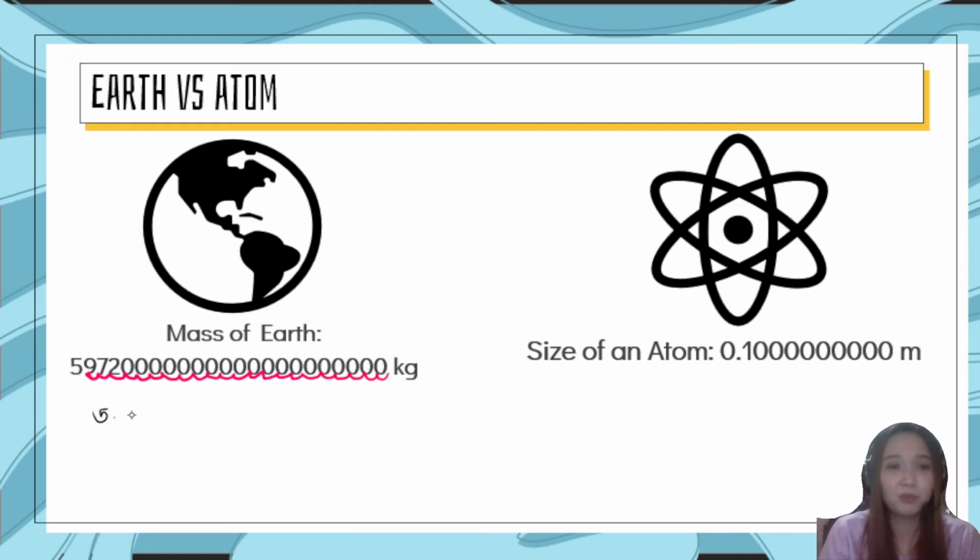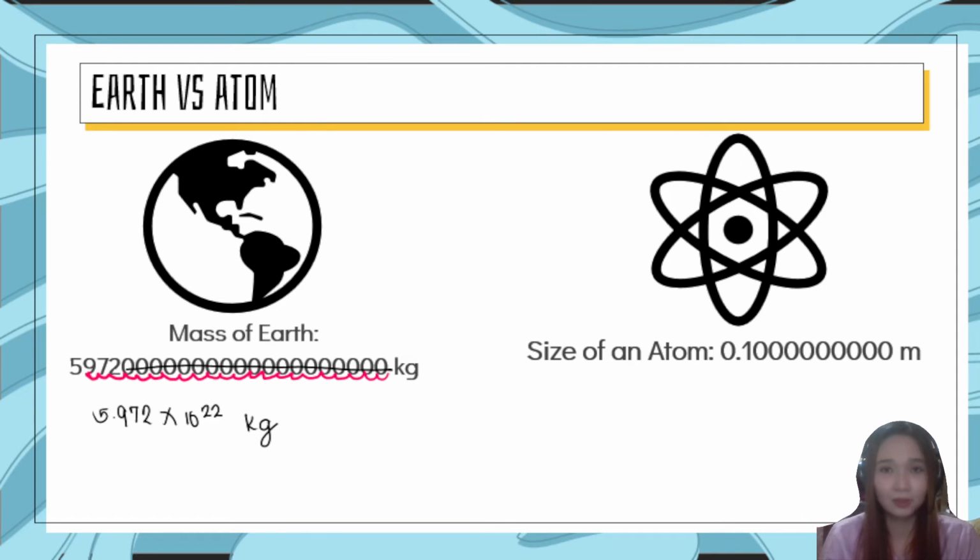So, 5.972, okay, so tanggalin na natin yung 0 kasi hindi na naman siya mahalaga, times 10 raised to 22 kilograms. Okay? So, the scientific notation for the mass of Earth is equal to 5.972 times 10 raised to positive 22 kilograms.